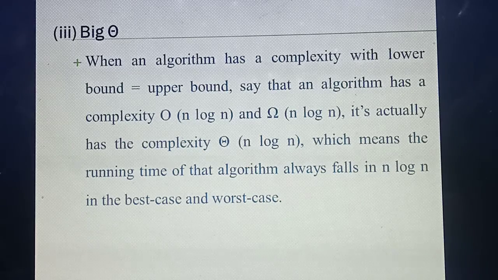Big theta means best case is equal to worst case, and you calculate a formula: O of n log n and omega of n log n are equal to theta of n log n. Understood? This 3-mark question is very important. After this session, you should study and write these asymptotic notations.